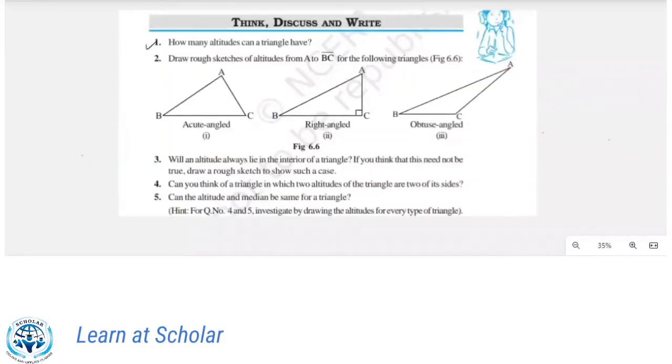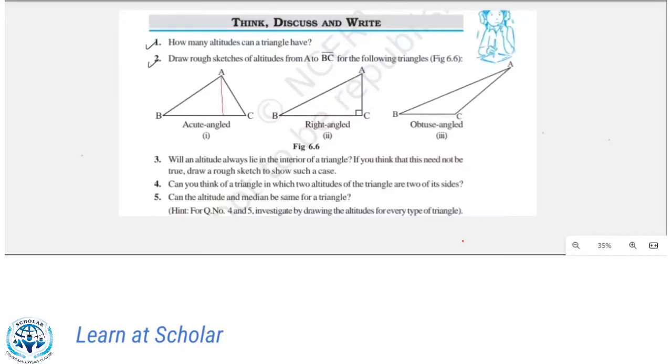Now the second one, draw rough sketches of altitudes from A to BC for the following angles. The figure is given. I have drawn one altitude in the first one, acute angled triangle, connecting the vertex to the opposite side and perpendicular to BC.